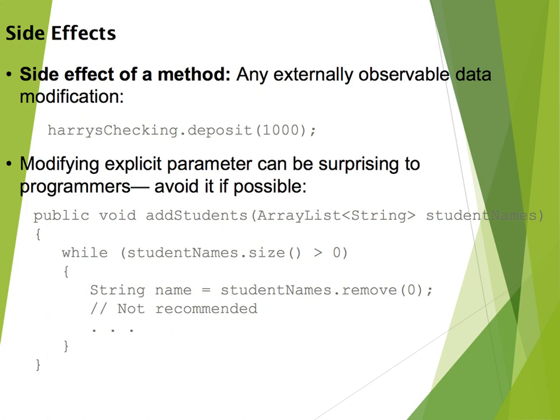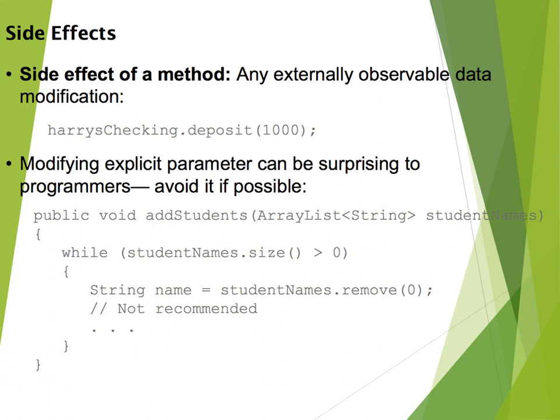So let's assume this example to see what I mean by modifying an explicit parameter. In this method, we have a method called addStudents, and we are going to add all the students in this array list called studentNames to a data structure in the class.